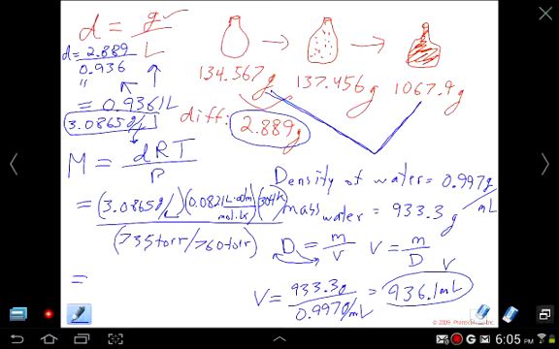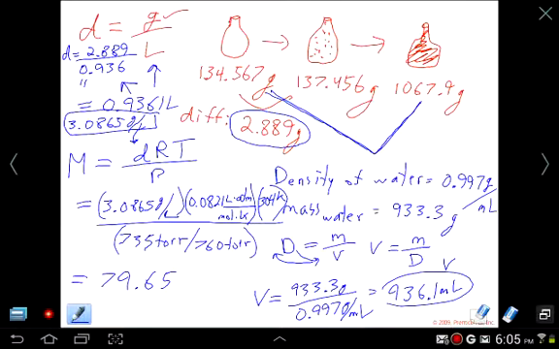So let's go ahead and do 3.0865 multiplied by 0.0821 multiplied by 304 divided by 735 and then over 760, and we should get ourselves a molar mass of 79.65.